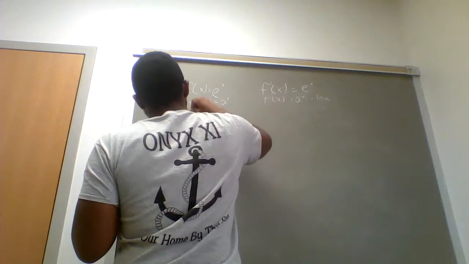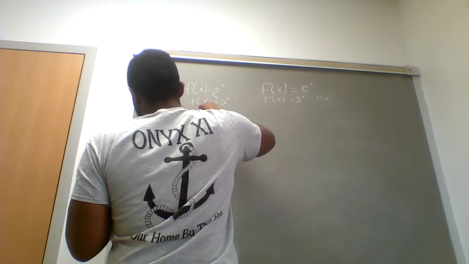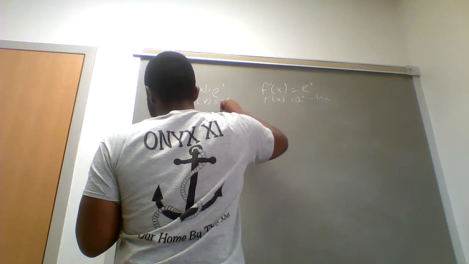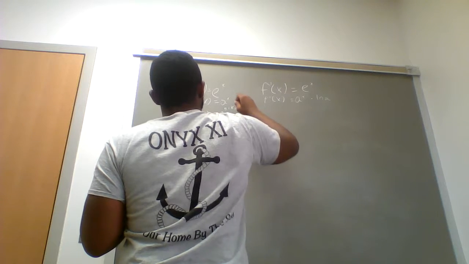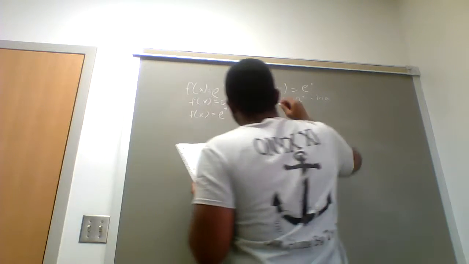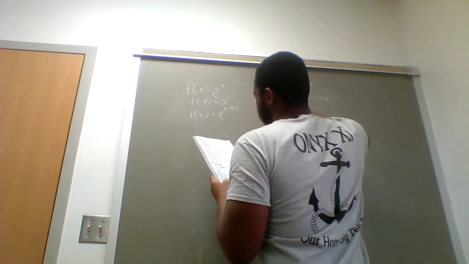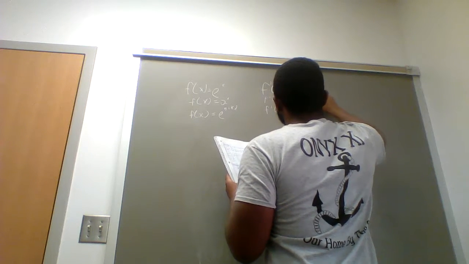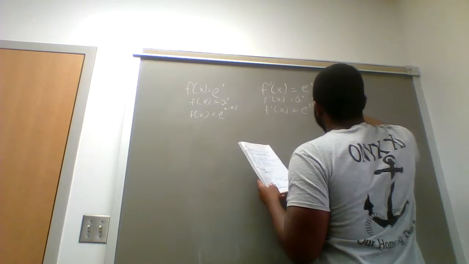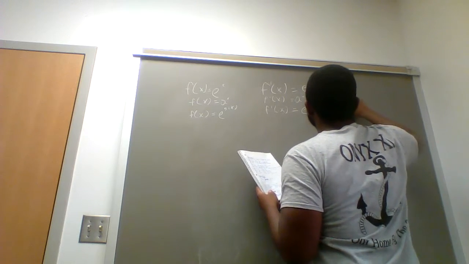The next property is f of x equals e to the g of x, g being any equation. F prime of x would equal e to the g of x multiplied by g prime of x.